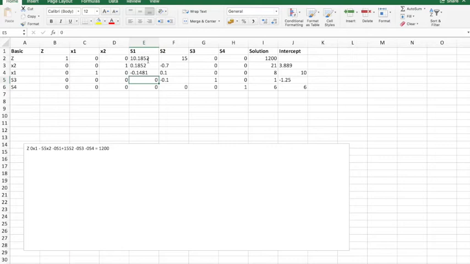This row becomes positive 0.1481. This becomes minus 0.1852, and eventually you should end up with a solution.